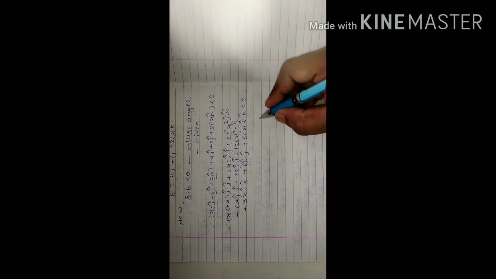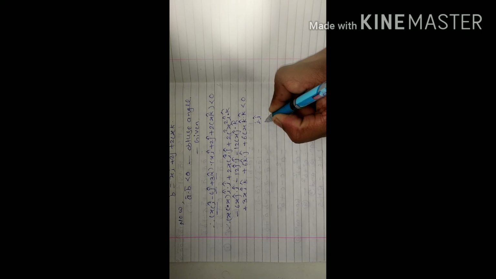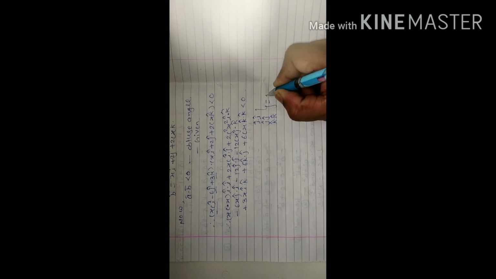Then we know that the dot product of the same vectors is 1 and the dot product of different, perpendicular vectors is 0. That is, i cap dot i cap, j cap dot j cap and k cap dot k cap are each 1. Suppose i cap dot i cap, j cap dot j cap and k cap dot k cap, all the values are 1.